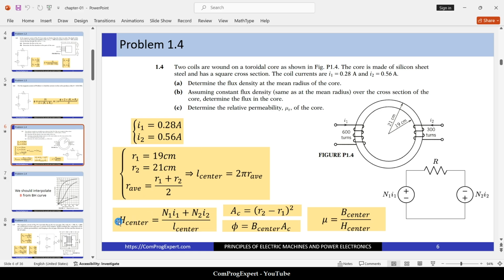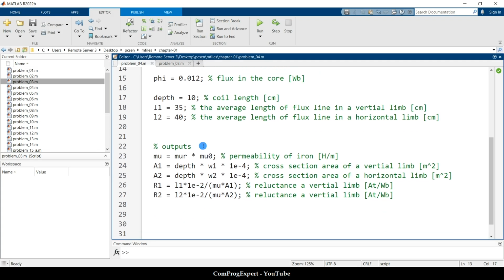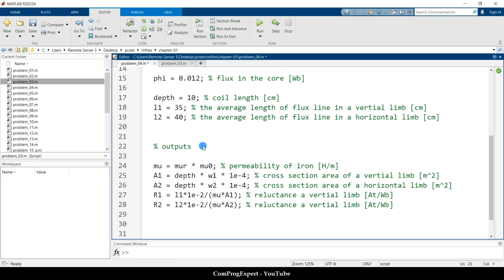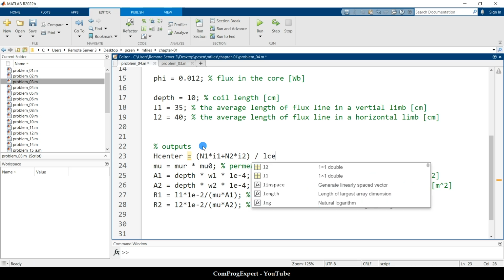And now let's calculate H, the field intensity. So the output is H in center, which is equal to N1 times I1 plus N2 times I2 divided by L center.